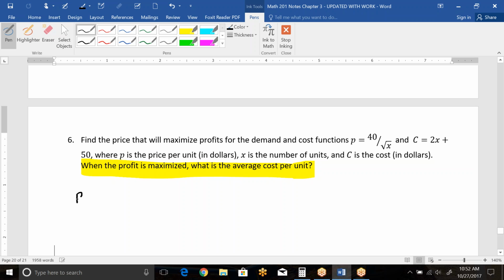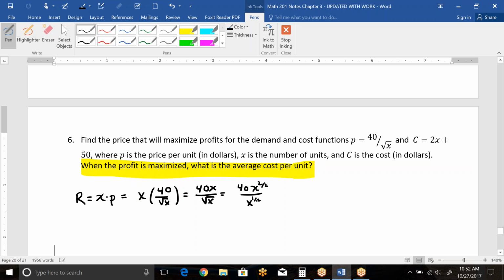So we need to find the revenue function. Remember, revenue is always the quantity of units produced or sold times the price, and P has been given to us. So this is x times 40 over the square root of x, or 40x over square root of x. Another way we could think of that is 40 and then x to the 2 over 2, x to the 1 over 2, because you can turn them both into exponents.